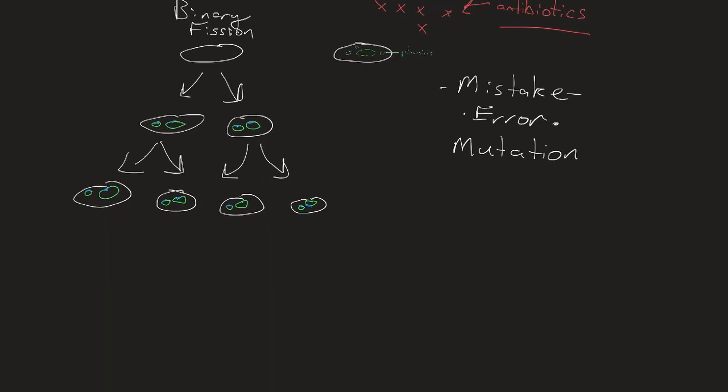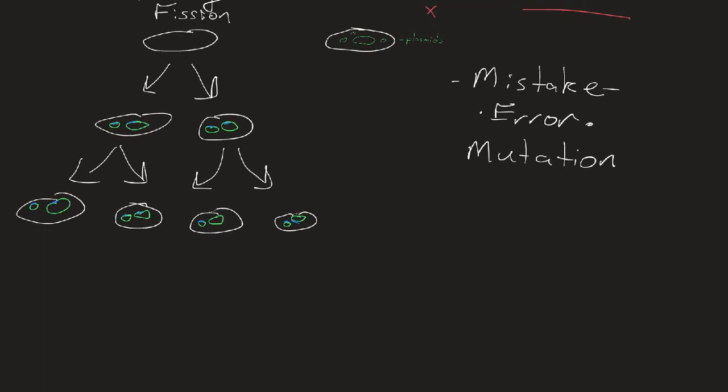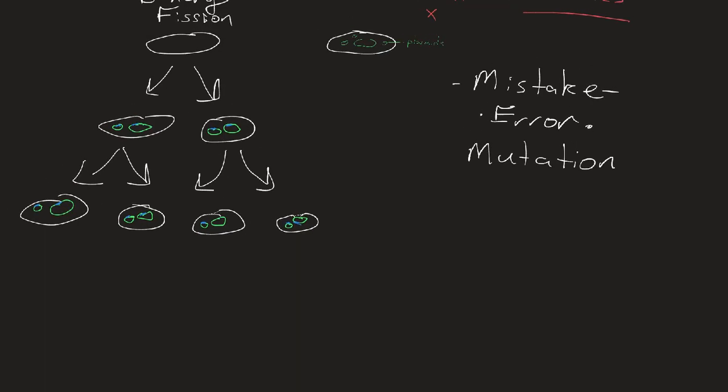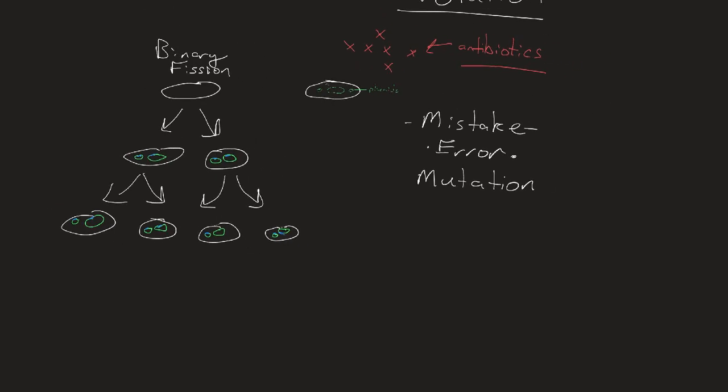Most errors, or mutations, occur and have no impact on the bacteria or on the function of life. Most errors occur and they just accumulate. But once in a while, the mistakes that happen change something. The change could be bad, and often is, or it could be good.